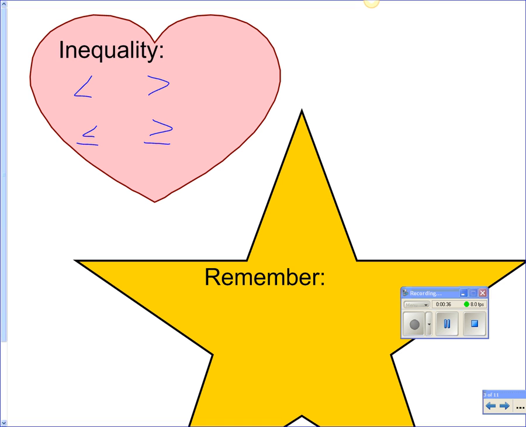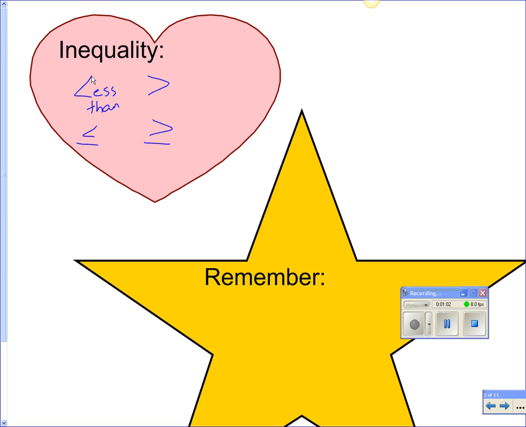The way I remember it is this looks like an L, and it is less than. So for this class, the alligator thing won't work. You're going to have to be able to tell me it's less than, just by looking at it, without any numbers.